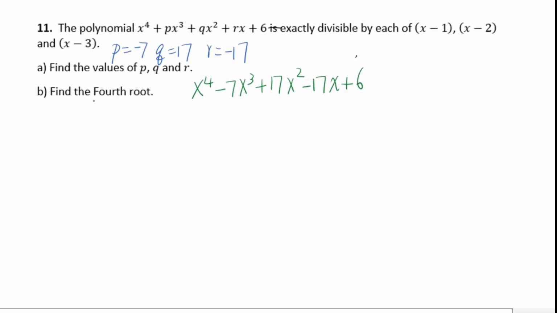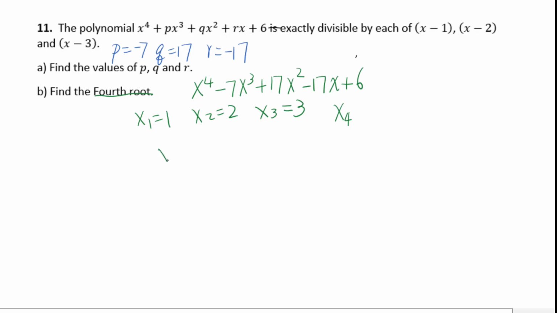We want to figure out the fourth root. We already figured out x1 equals 1, x2 equals 2, x3 equals 3. We can use the sum and product of roots of polynomial functions to figure out this x4.